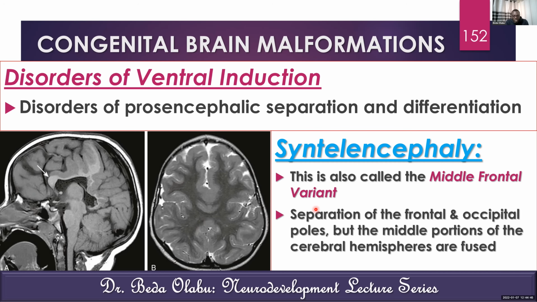However, the parietal region of the forebrain is the one that is fused. So in the parietal regions, there's an abnormal fusion. It's a variant of holoprosencephaly.